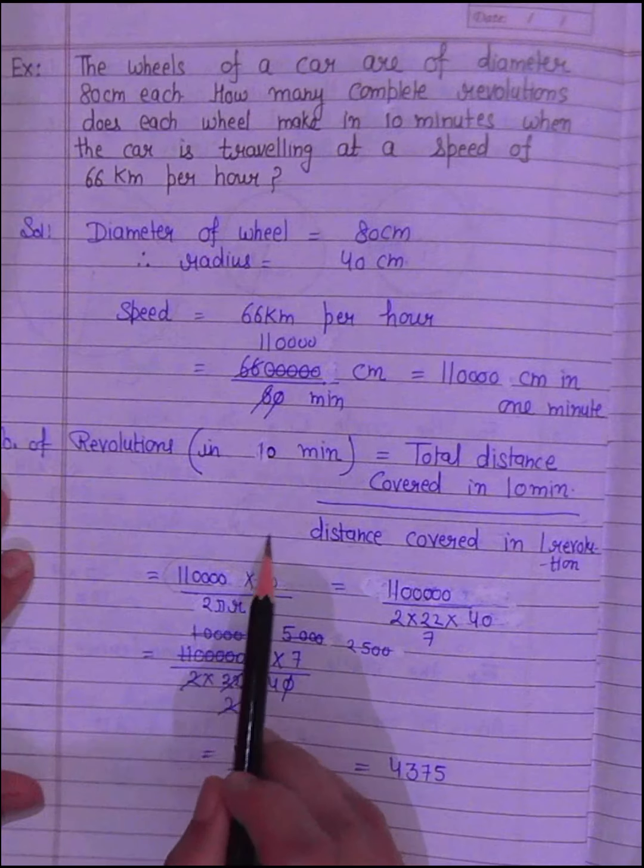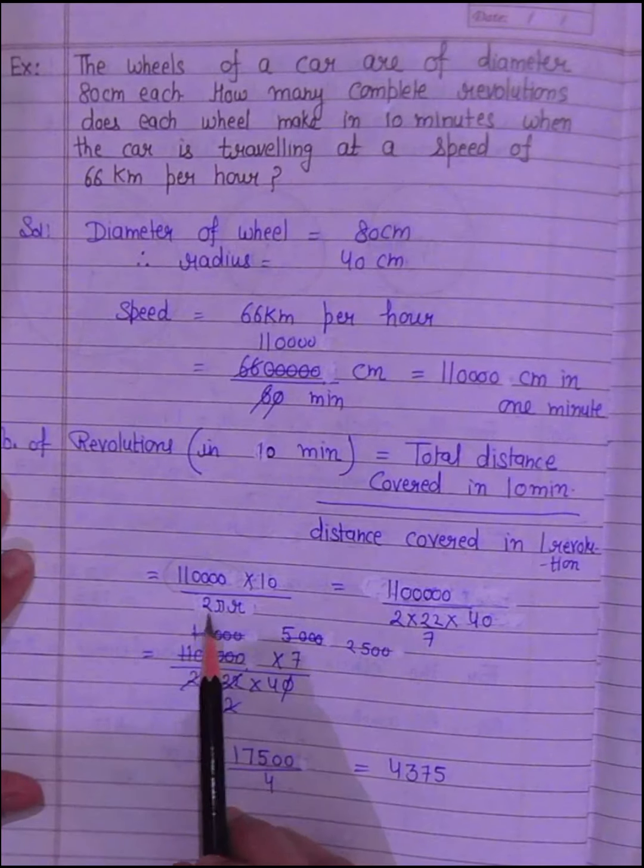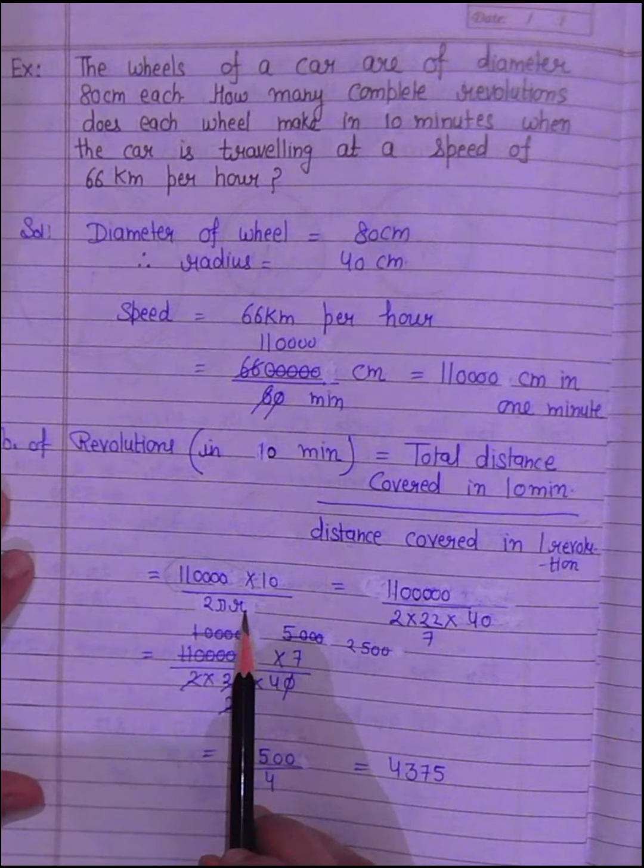In one revolution it means we will find 2 pi r, the circumference of the wheel. After putting all the values, we are getting 4,375. It means 4,375 revolutions each wheel will make in 10 minutes when the car is traveling at a speed of 66 km per hour.